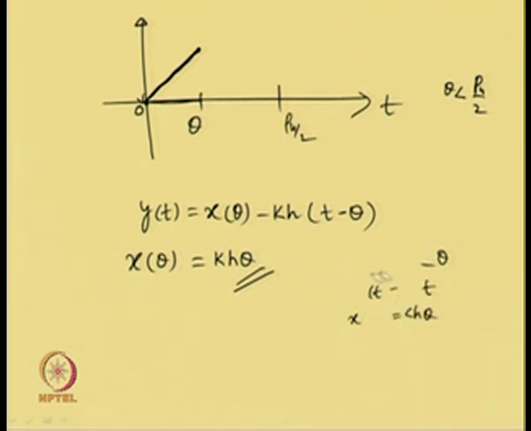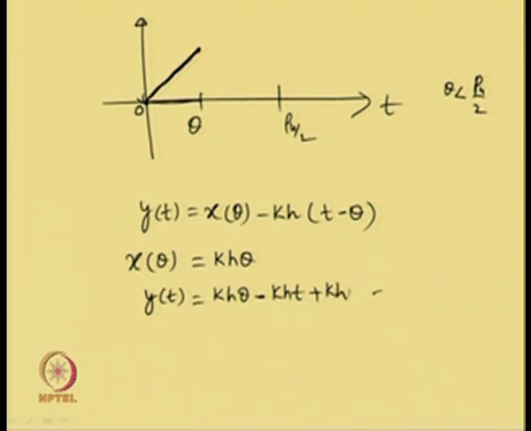Then in that case, substituting this value in the earlier expression, we get y(t) = k h theta − k h t + k h theta, thus giving us 2 k h theta − k h t. So, this is the output we will get for time t greater than or equal to theta. When time t equal to theta, are we getting the same value or not? Let us cross check.